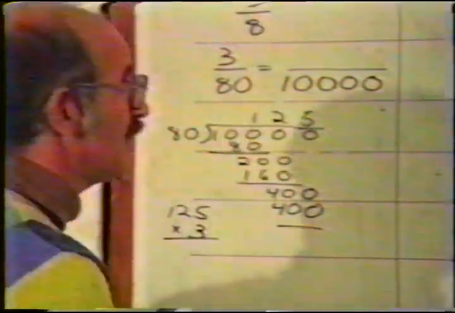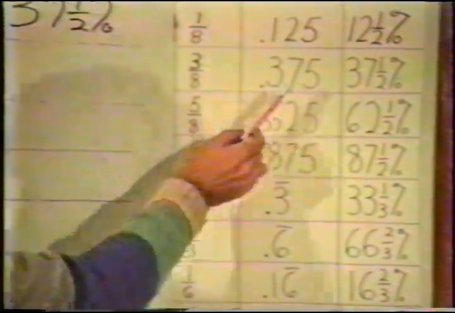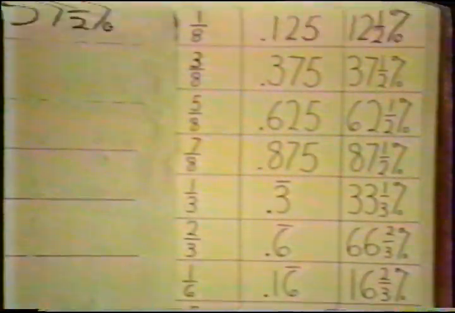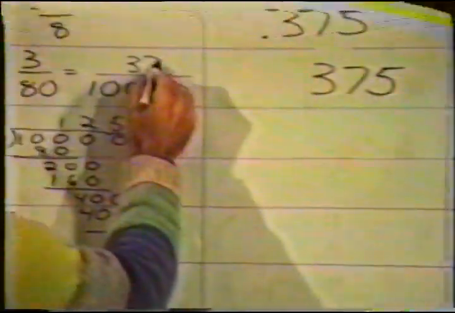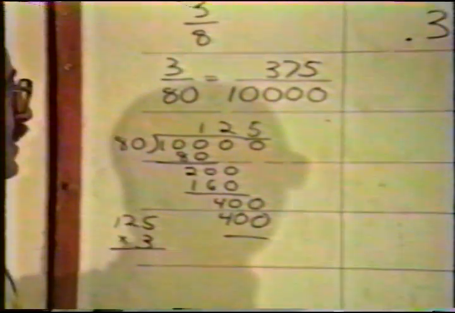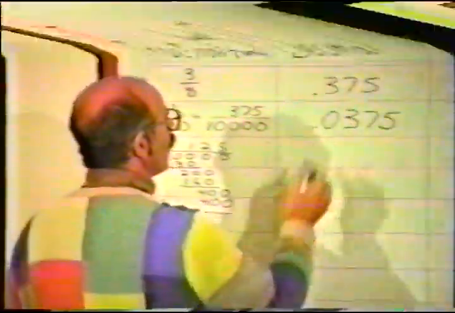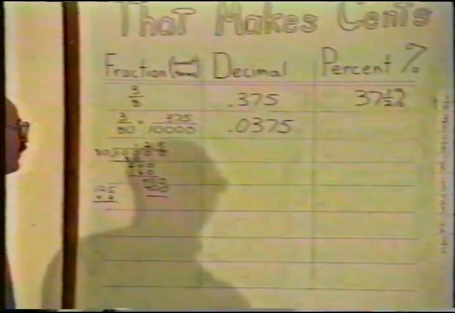And what is 125 times 3? 375. 375 10,000ths. As a decimal, that's 0.0375.